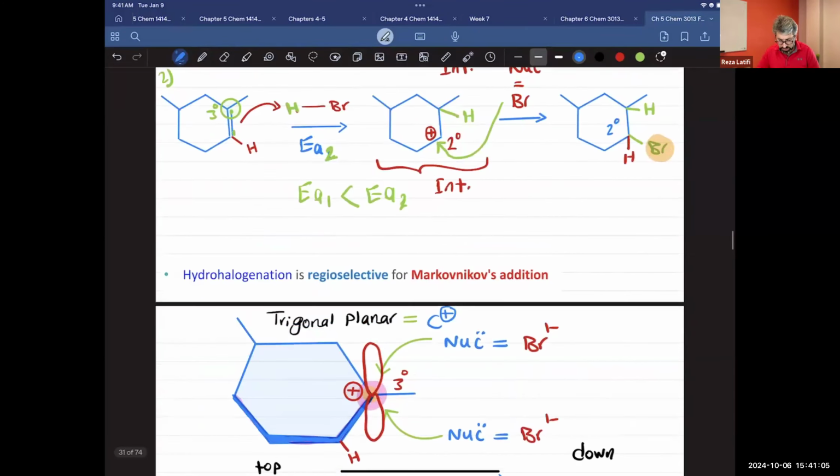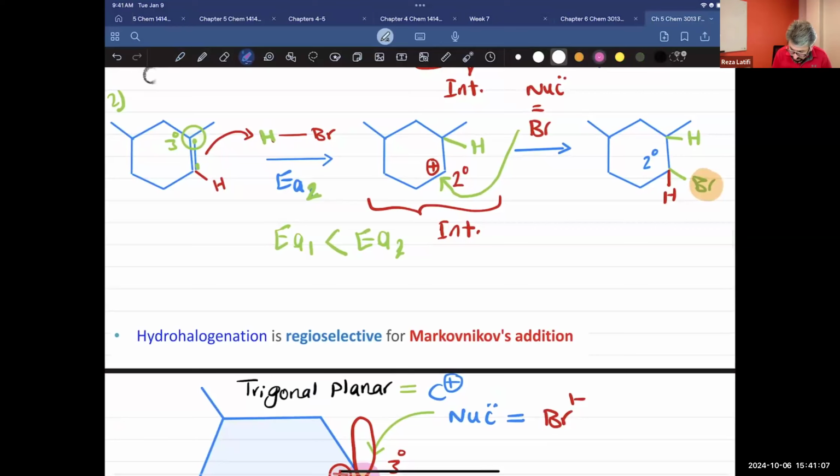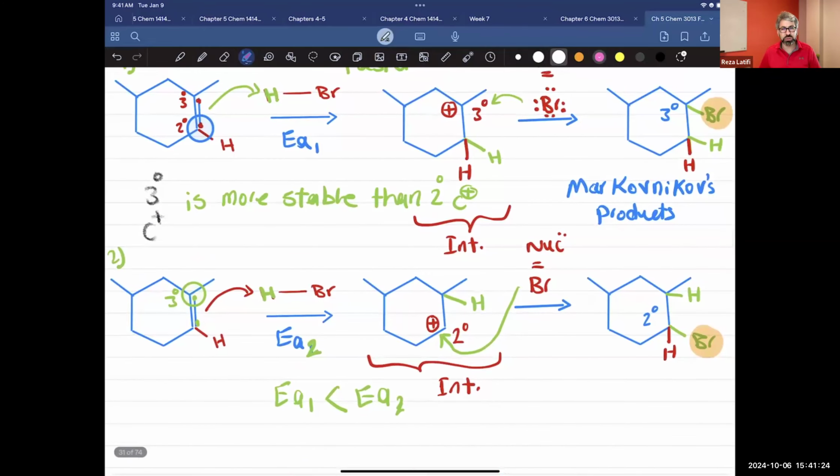One more thing. Let's go back for a second. What's the meaning of regioselectivity? It says the hydrohalogenation reactions are regioselective. What does it mean? It means the reaction is favoring one of the carbons. Instead of adding the bromide to a secondary carbon, it is adding it to the tertiary carbon.